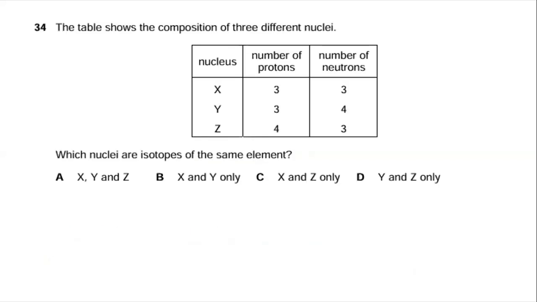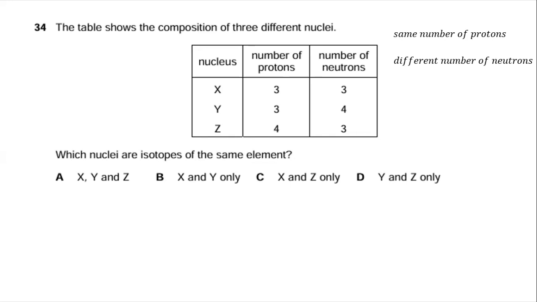Question number 34. The table shows the composition of three different nuclei. Which nuclei are isotopes of the same element? So we know for this to happen, the same number of protons has to be there, and a different number of neutrons has to be there. That is the definition for the isotope. Right.